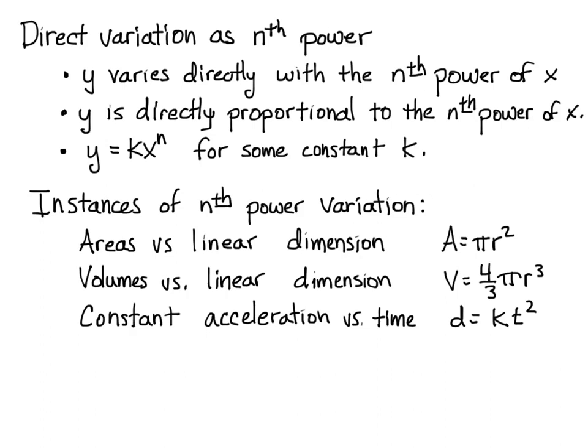This is what happens in a gravity field, because gravity causes a constant acceleration. When you're falling, you fall faster and faster, so you go a further and further distance with longer and longer times. And it's not just proportional. We'll see in one example that it actually increases quite a bit.